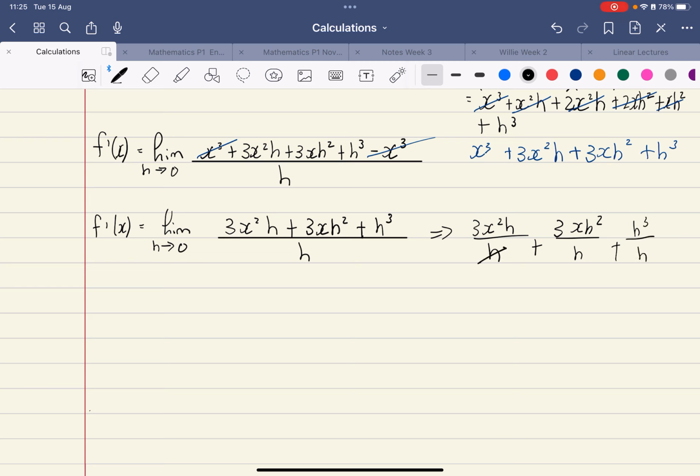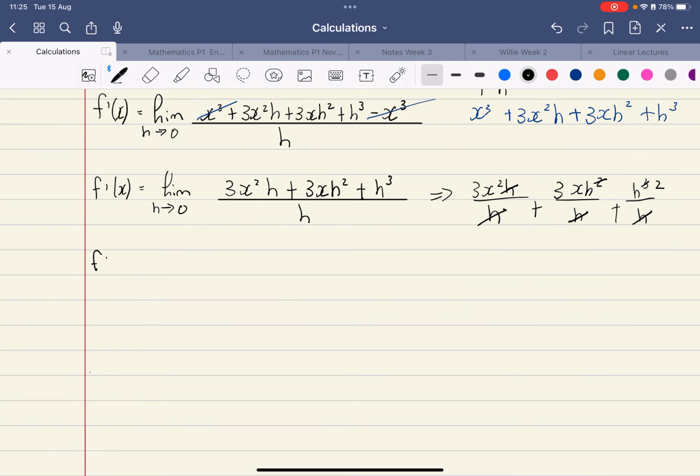We can see we can cancel. So now let's rewrite this once more. f dash of x, the limit as h approaches 0, of 3x squared plus 3xh plus h squared.